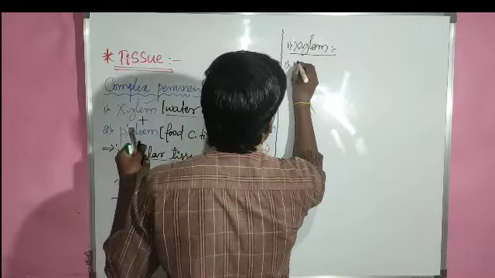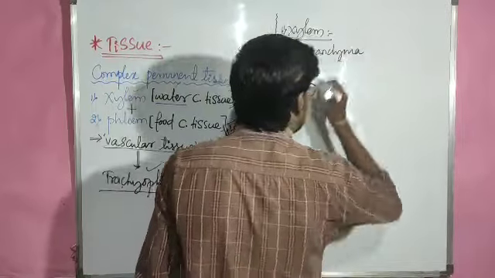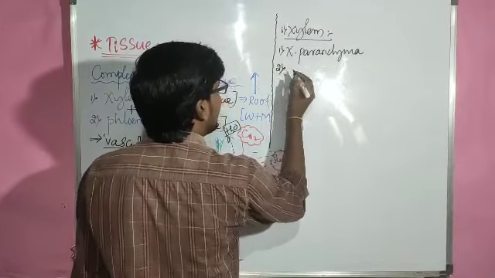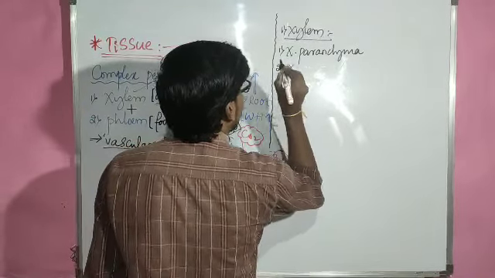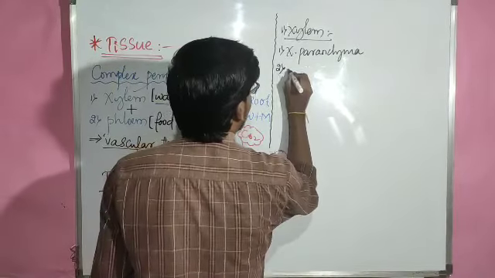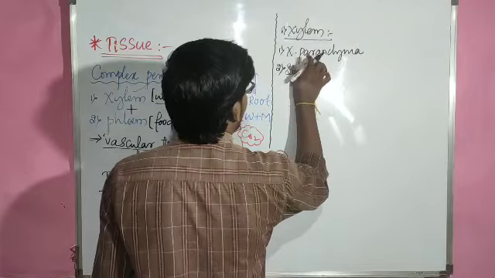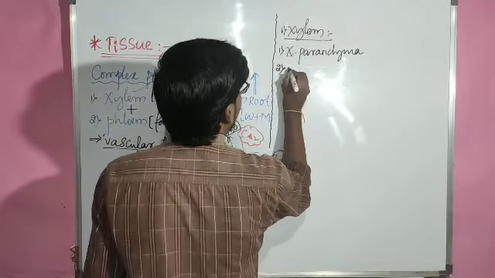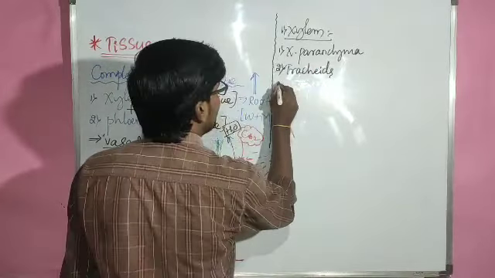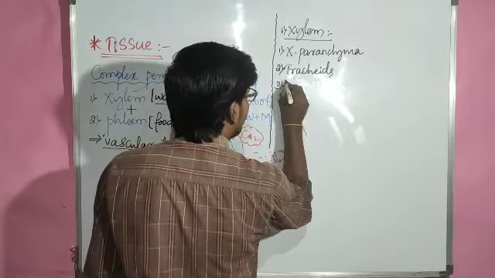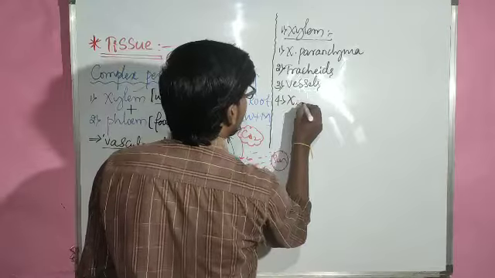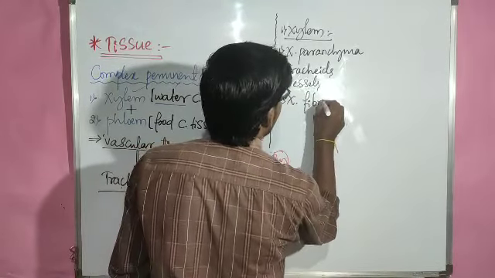The first one is xylem parenchyma, that means parenchyma tissue present in the xylem. The second one is tracheids, the third one is vessels, and the fourth one is xylem fibers.